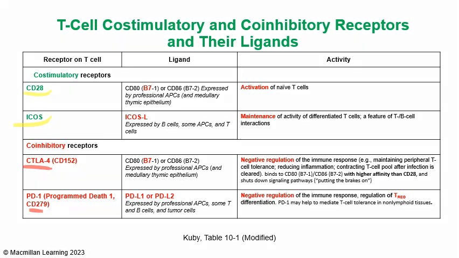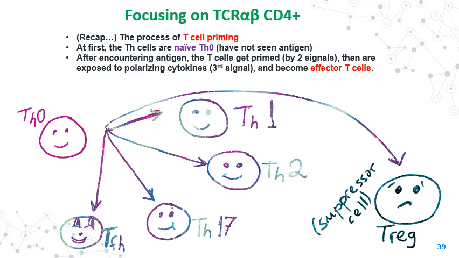All right. So now, focusing on the career path for your helper T cells, right? They can become all different types of things. And remember, your helper T cell is just a regular T cell we have been looking at. Single positive, CD4 positive, alpha beta T cell receptor. So now this guy here is naive.